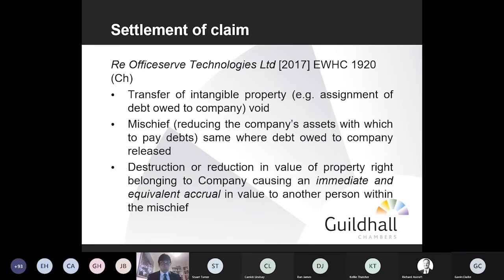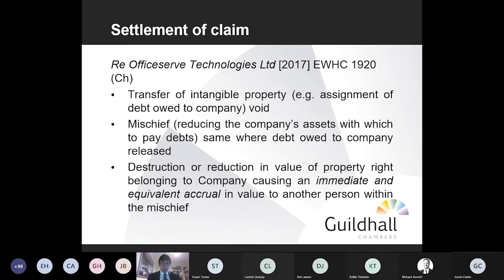He noted that the mischief which the section is intended to avoid, as we saw when we were looking at Section 127 itself and the comments of Mr Justice Lightman in Coutts and Stock, is the same where what has happened is not that a debt owed to the company has been transferred to someone, but it's simply been released, because the net effect of that is to reduce the company's assets, which would otherwise be available to meet its debts.